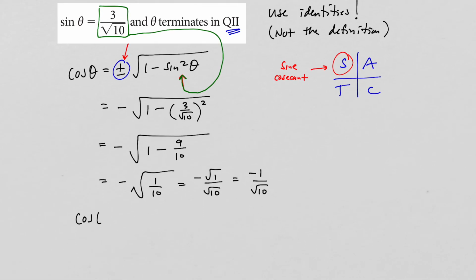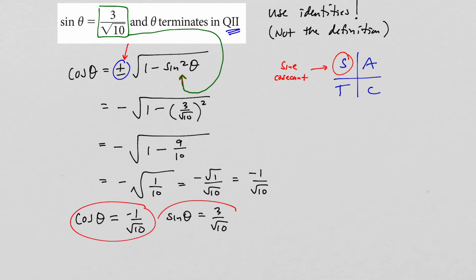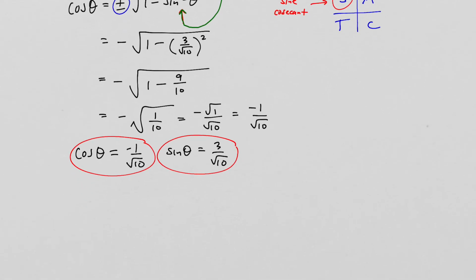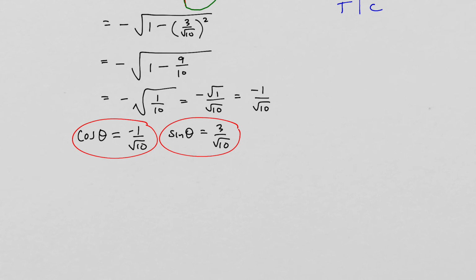Once we know cosine and sine, remember sine was given to us, once we know these two, we can easily find the rest of the trig ratios. So once we know cosine, secant is the reciprocal of cosine.